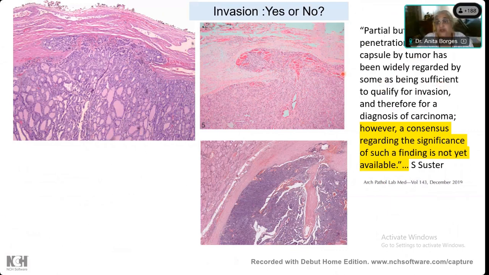Now, how will you ever find the consensus for such a finding? The only way that you will ever find a consensus is if you have a number of these lesions which are questionable capsular invasion, and you follow them for 40 years, and then you discover which of them has metastasized. I don't think that that's very easy.